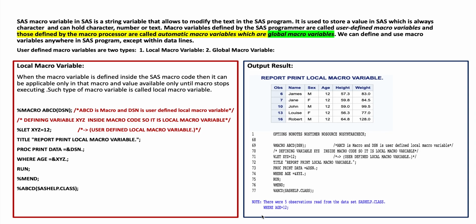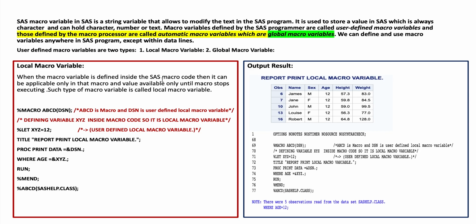Let me explain local macro variables first. When a macro variable is defined inside the macro, that means inside the SAS macro code, it is applicable only in that macro and its value is available only until the macro stops executing. Such a macro variable is called a local macro variable.